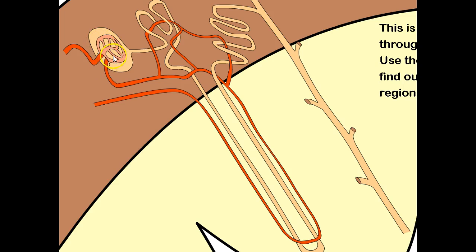Then we have our afferent, and we're going to keep going. We'll have blood come in through our PTC, proximal distal tubule, and we're going to have the nephron sort of come and do that for us, and we'll finally have blood sort of take away any of the nutrients that we gathered from this material and dump it back into our blood, and we're going to leave through that.